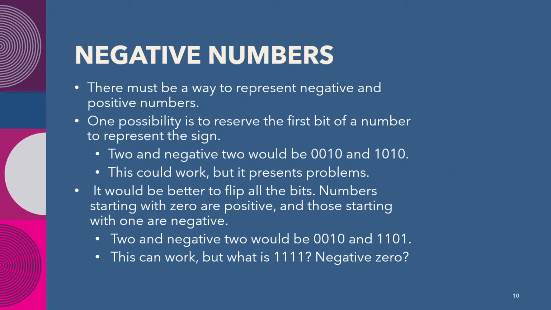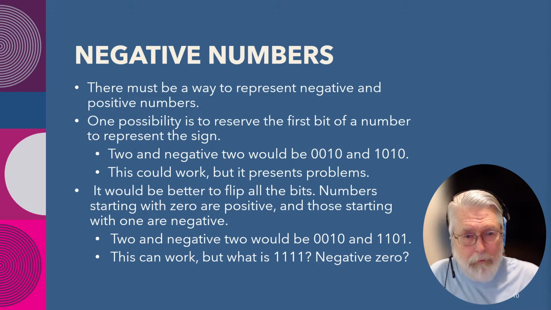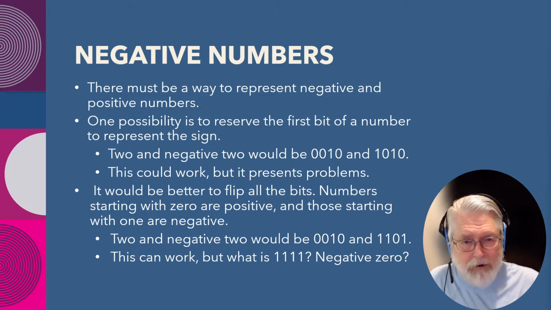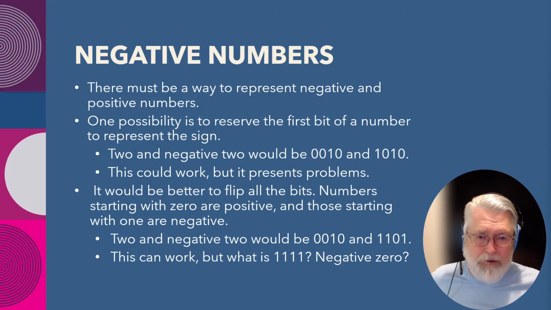Now, there has to be some way to represent negative numbers and positive numbers in binary, and there are different ways that can be done. Let me see here. I'll bring my video back so you can see my pretty face.